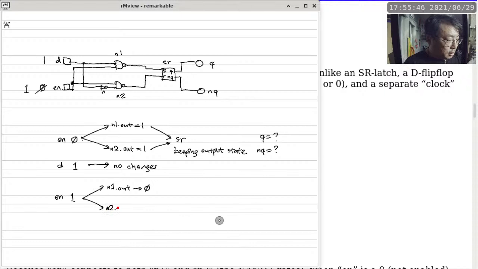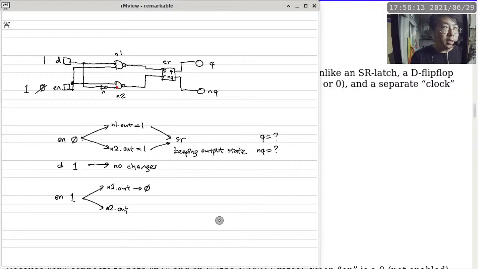Now we look at N2, and we ask, how is this going to impact N2? This is N2 right here. We know EN is a 1 already. When one input of a 2-input NAND gate is a 1, the output depends on the other pin. So we have to look at this pin here. D is 1, which means the output of the NOT gate is going to be a 0.